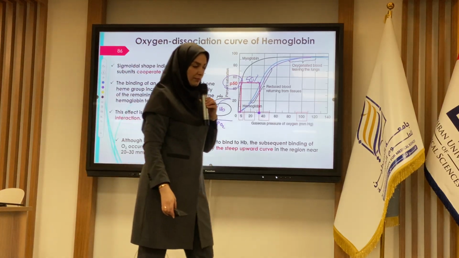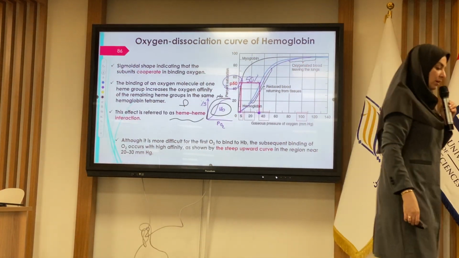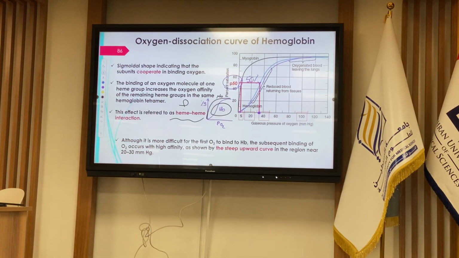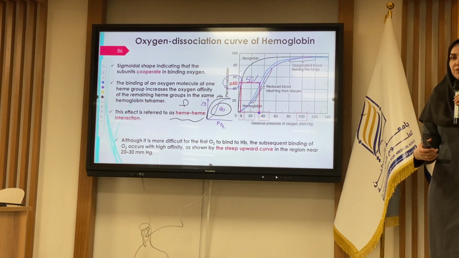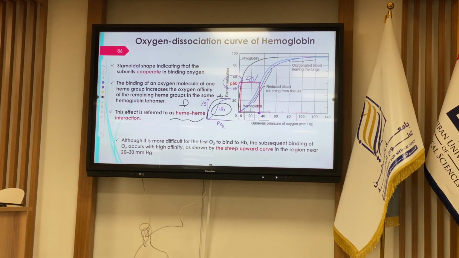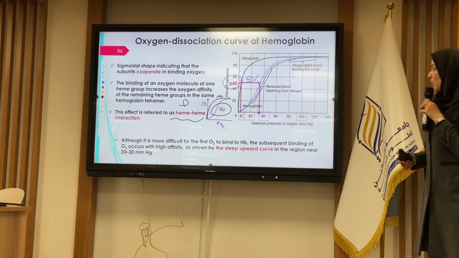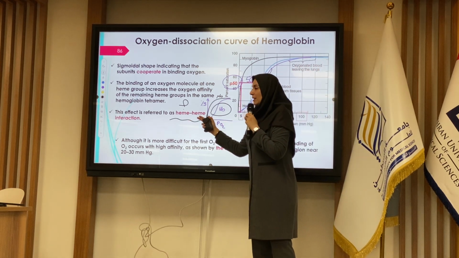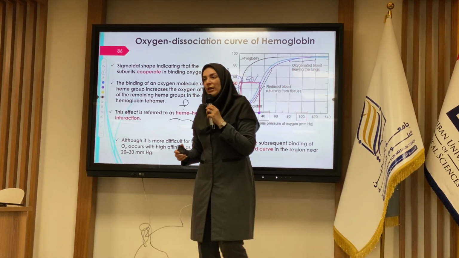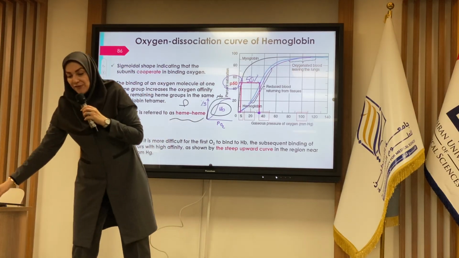Whenever you are in a lung, okay, how many oxygen molecules will bind to the hemoglobin? Four molecules. We have one definition known as the heme-to-heme interaction.